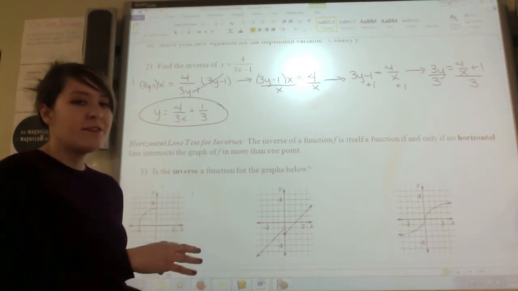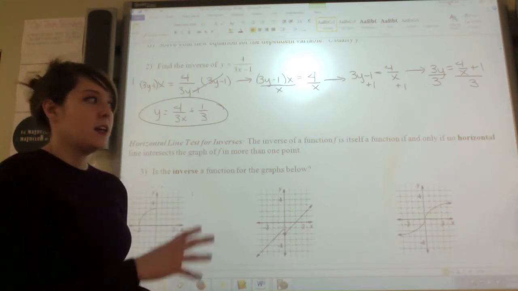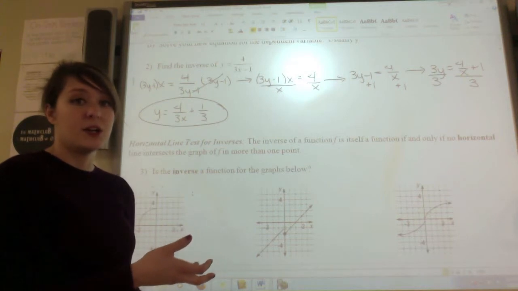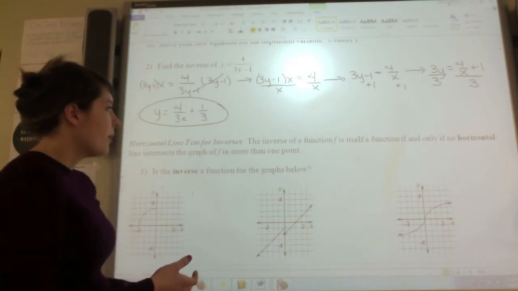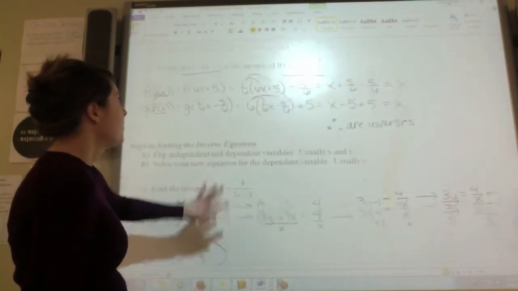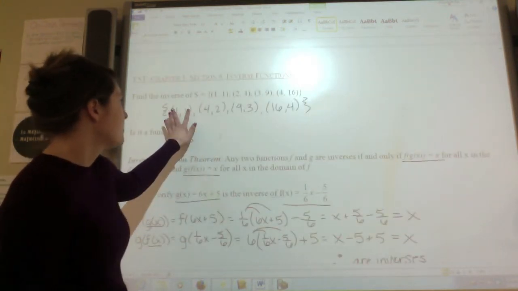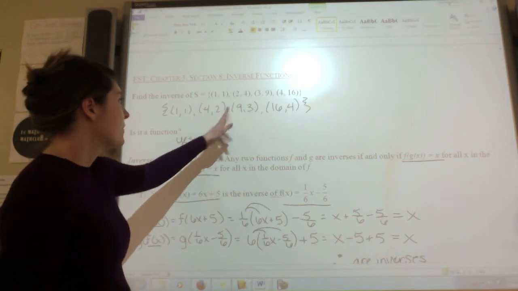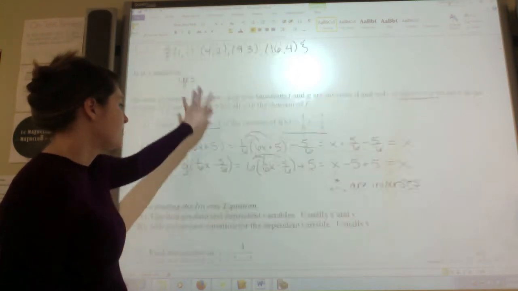What that means graphically is that it's like a rotation of 180 degrees. So you're swapping your x and y values, which is what we were doing up here at the very top. We swapped the x and y values, or the x and y coordinates, to get our inverse function.